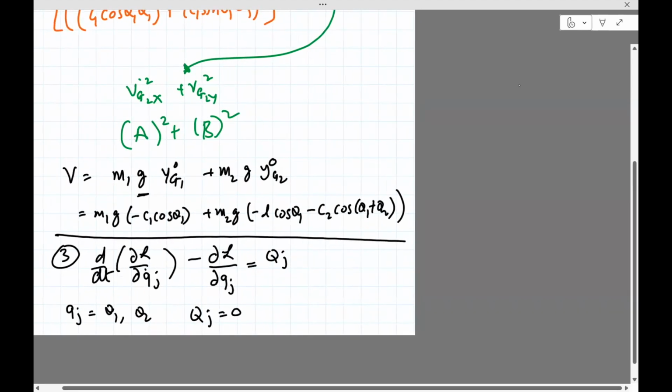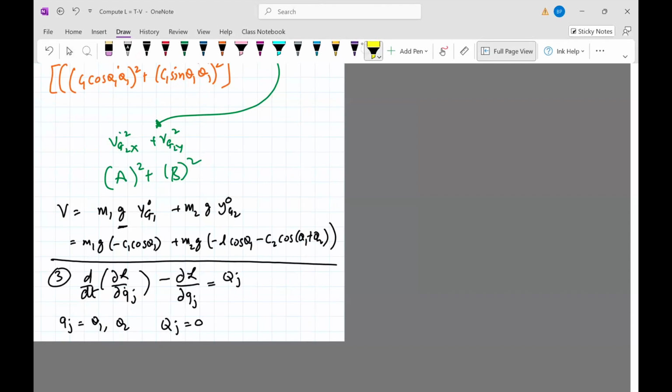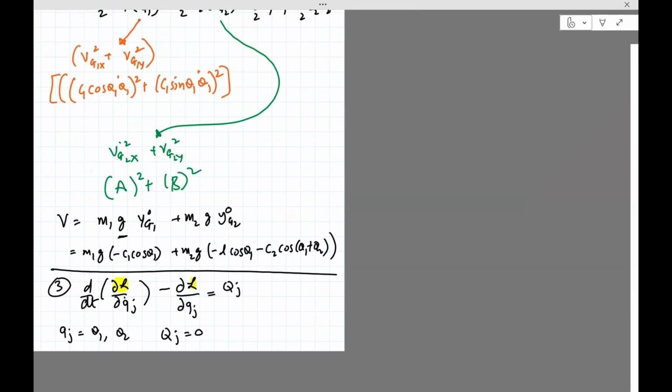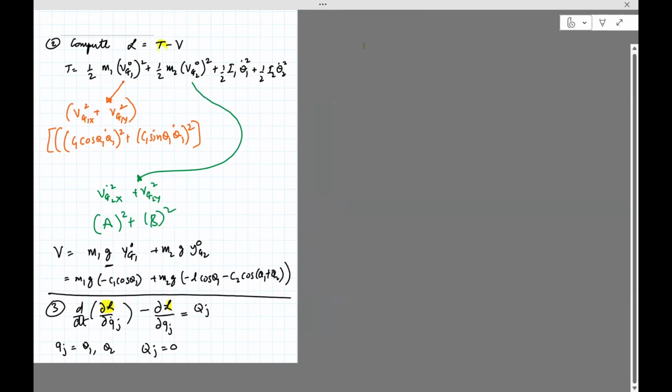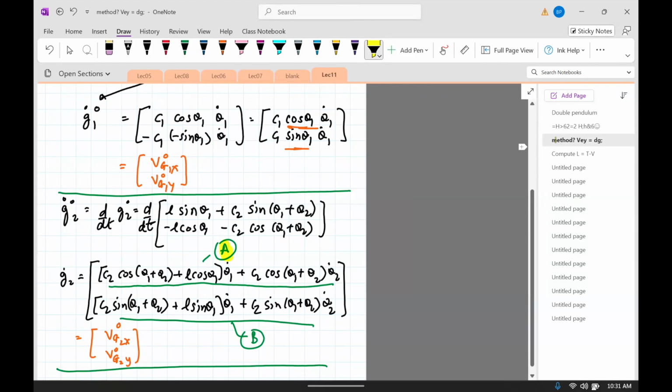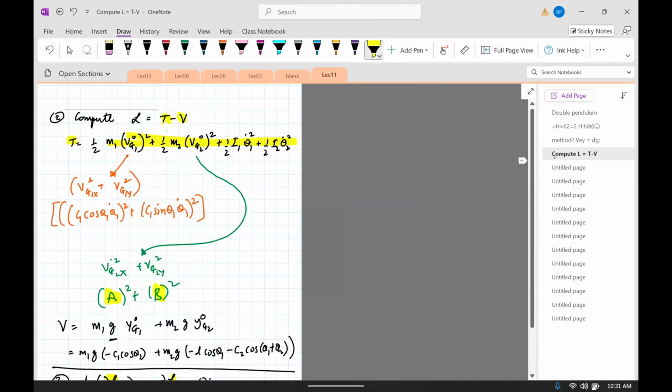So now you can imagine doing this calculation by hand. First you need to get L. Okay, what's L? L is T minus V. What's T? T is this whole thing. Inside is this big mess, A and B. A itself is over here. It's pretty long. B is here. You need to take that, put in here, square it.